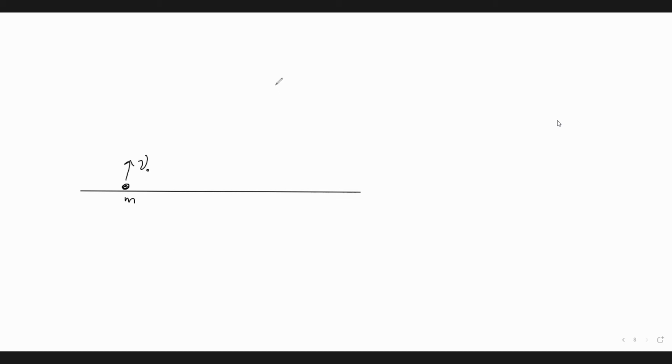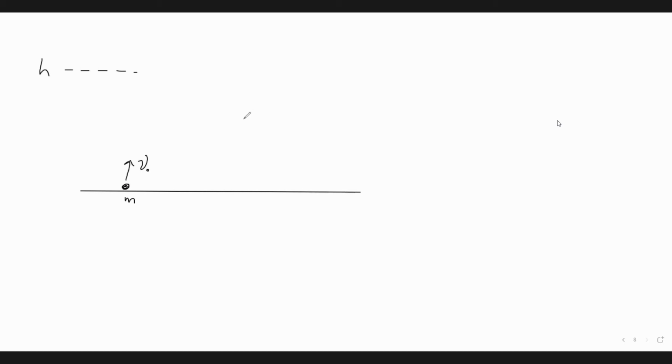I can use the work energy theorem. It ascends to a height h. What is the total work done on the ball? Now, the work energy theorem means the total work is the change in kinetic energy. The only force acting on the ball is the force of gravity.